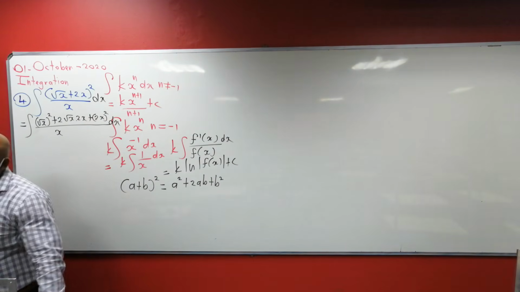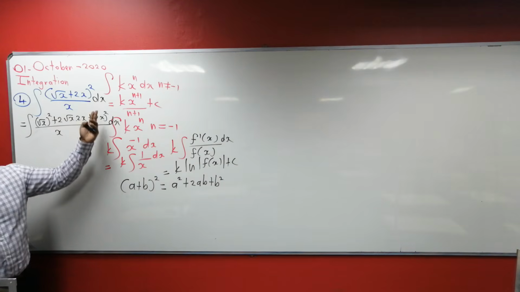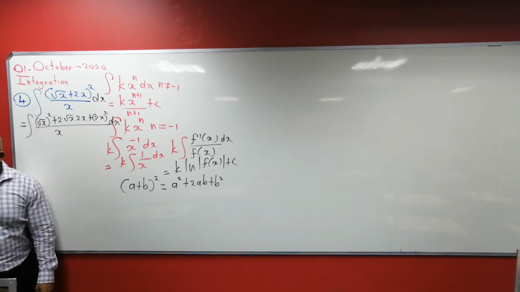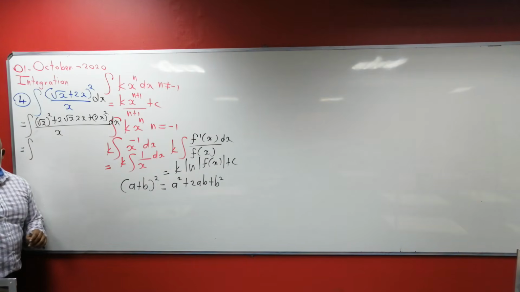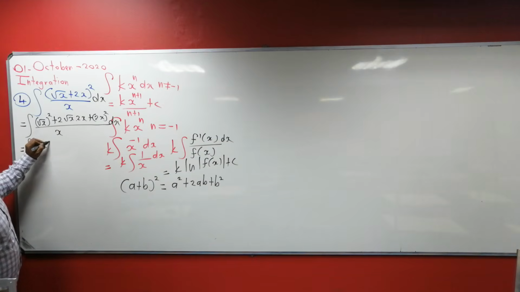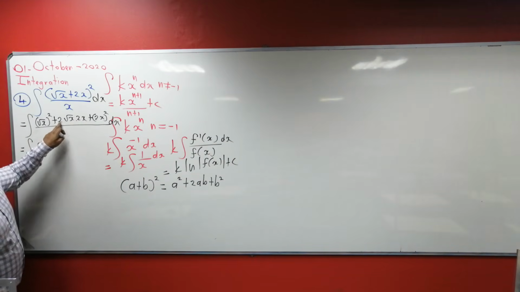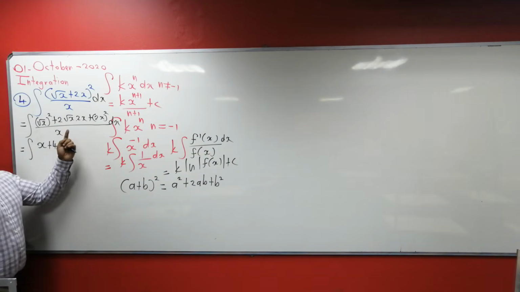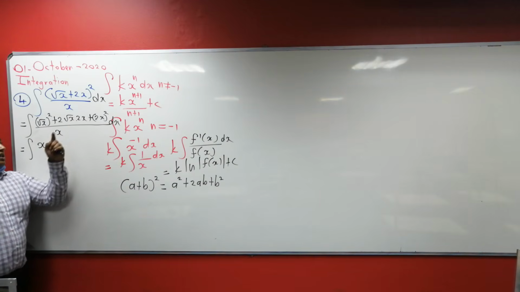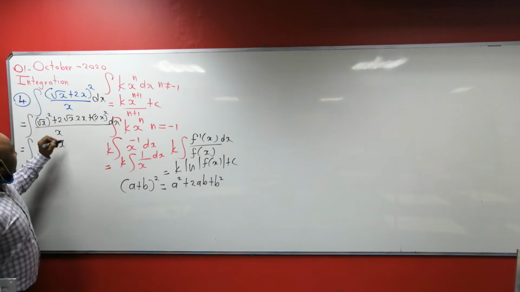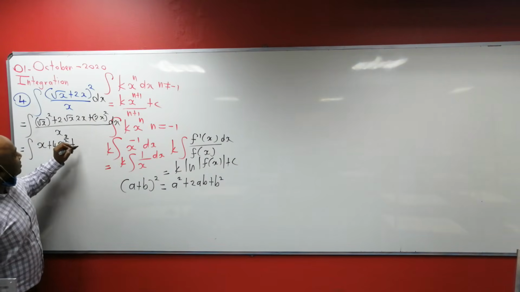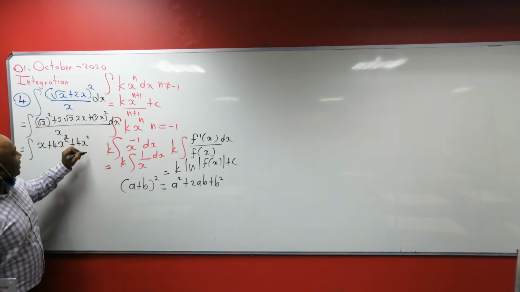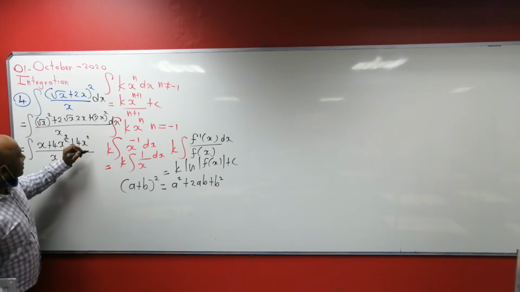I'm integrating with respect to x, the dx means integrate with respect to x. Now, square root of x all squared is just x. Here I'm multiplying 2 times 2 is 4. I'm multiplying x to the power half times x. That will be x to the power 3 over 2, plus 2x all squared, that will be 4x squared, all divided by x.